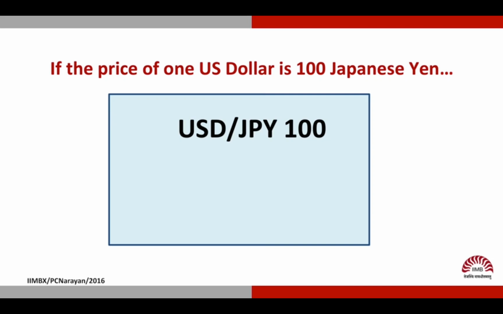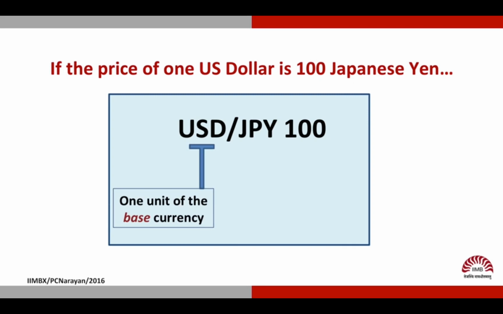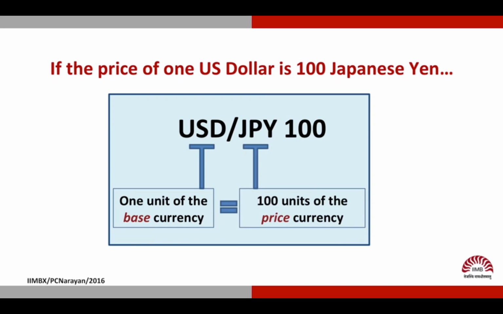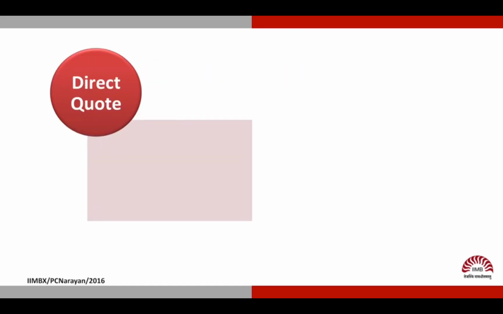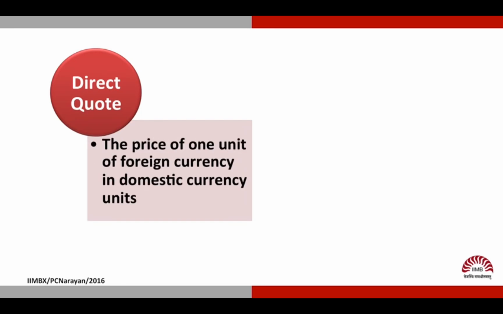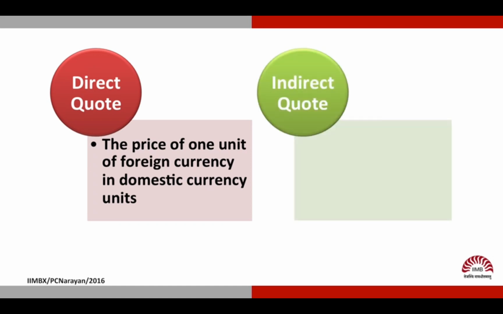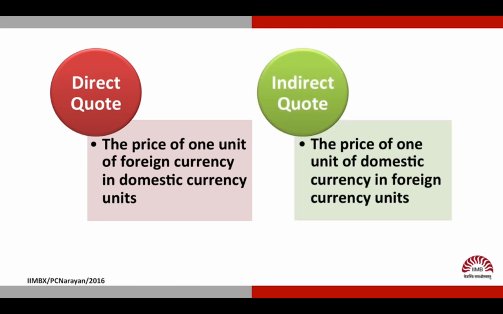This nomenclature is to be interpreted as the price of 1 unit of the base currency on the left side of the slash, in our case, the US dollar, equal to 100 units of the price currency on the right side of the slash, in our case, the Japanese yen. A direct quote in foreign exchange markets parlance is the price of 1 unit of foreign currency in domestic currency units, and an indirect quote is the price of 1 unit of domestic currency in the foreign currency units.